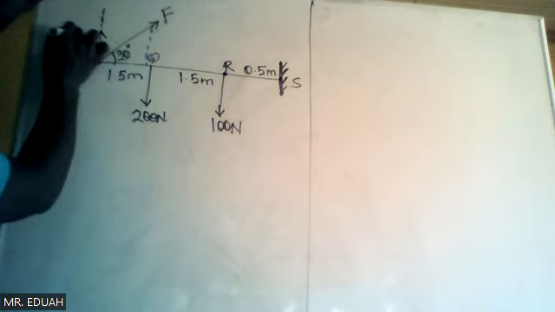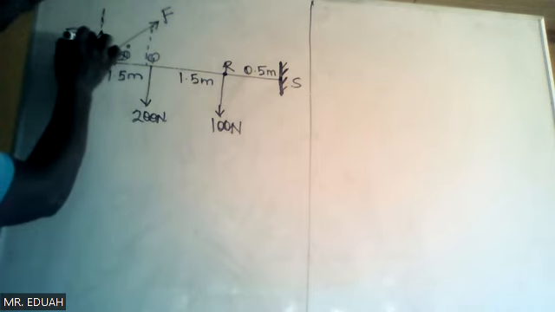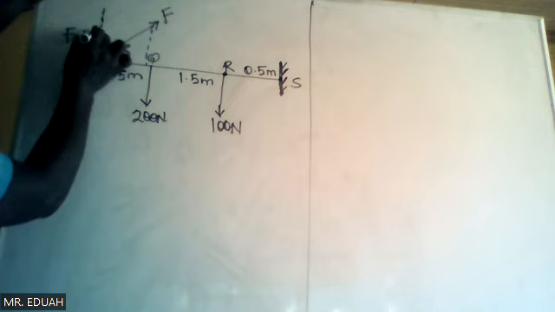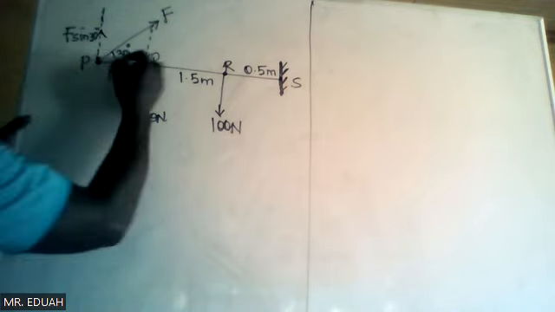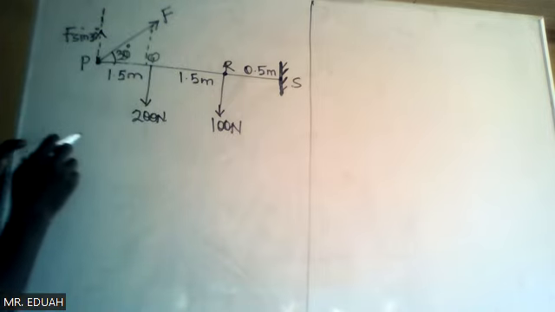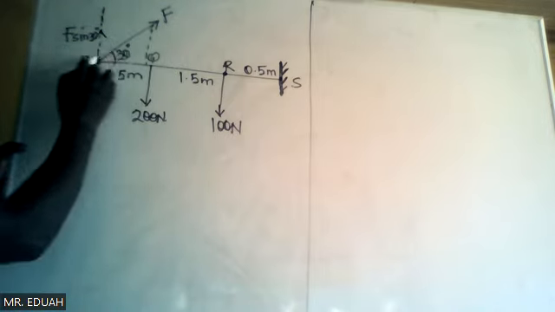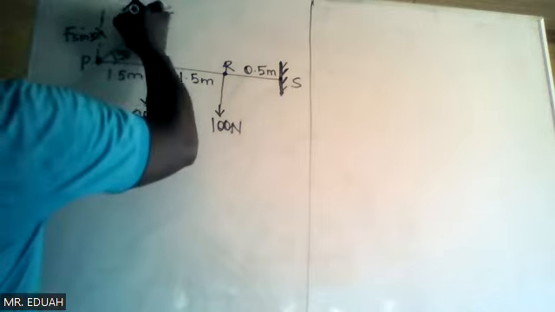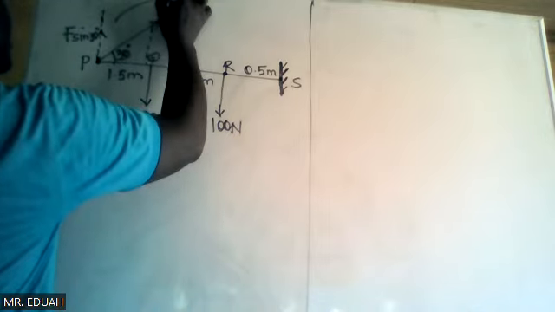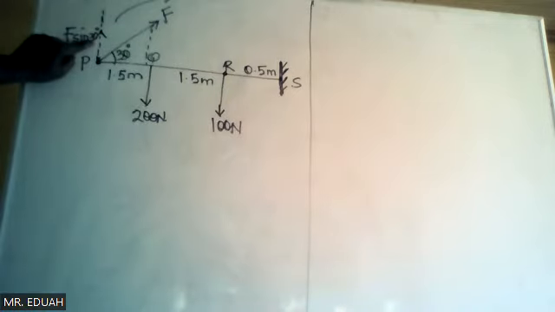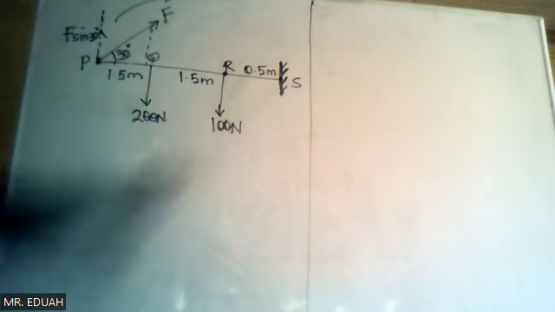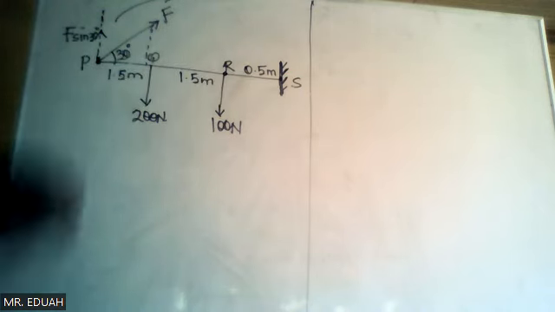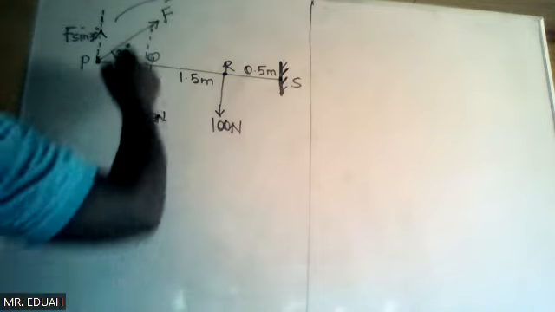So we have F sine of 30 degrees. Even though the force is acting at an angle of 30, this is the component which will cause a turning effect, a clockwise turning effect. This is the component of the force which will turn the bar around the support S. So we identify the clockwise moment.